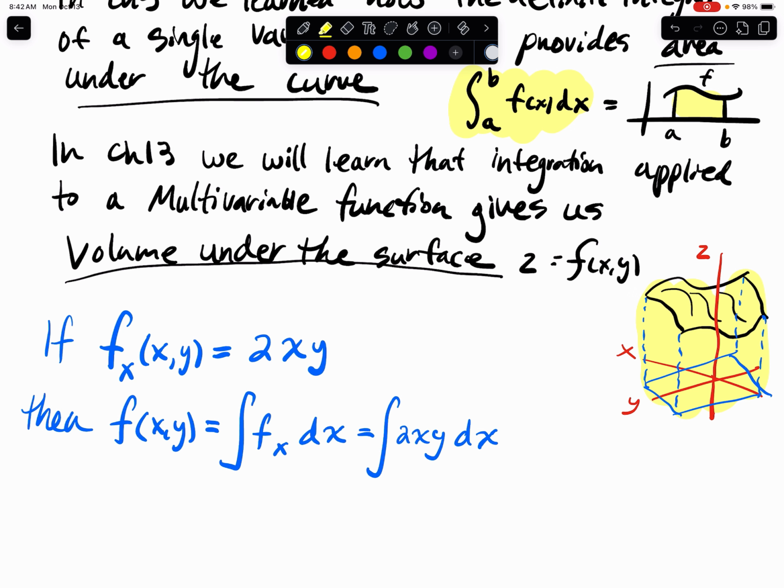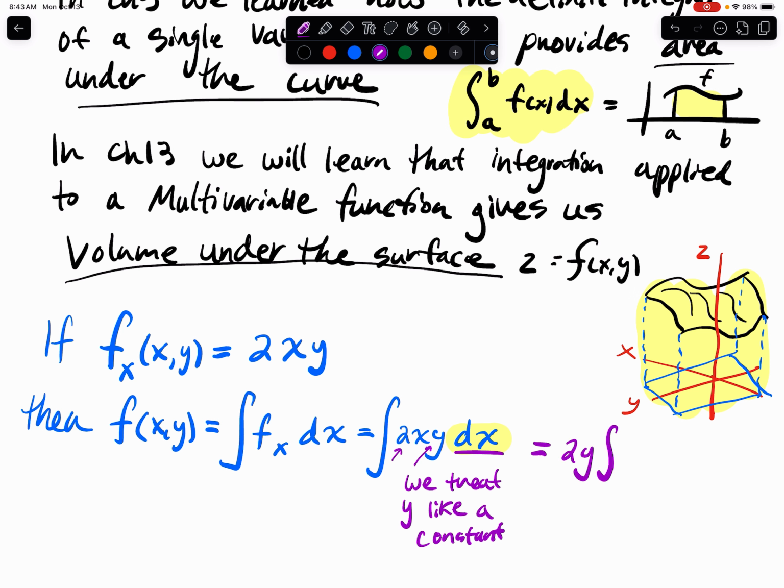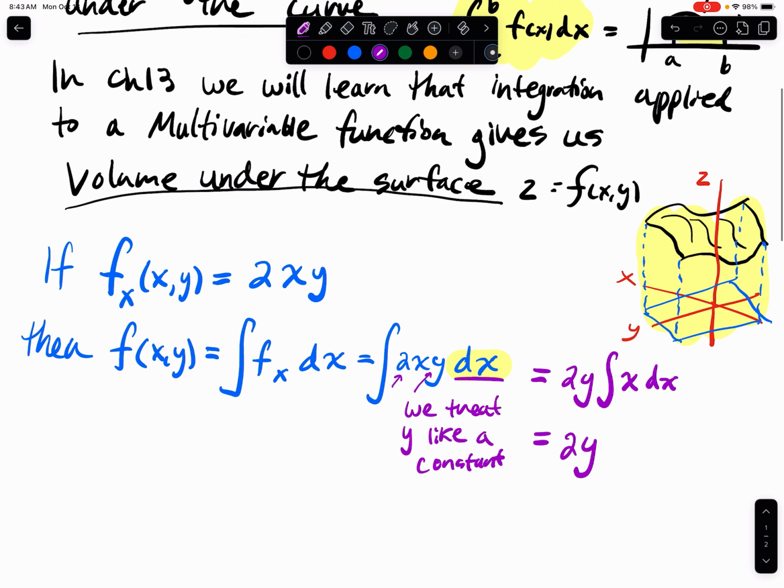This differential says I'm going to integrate with respect to x, so what do I treat y as? I'm going to treat y like a constant, meaning I can pull it out. So I'm going to pull the 2y out, and I'm going to integrate x with respect to x. And so this is equal to 2y times the integral of x, which is x squared over 2.